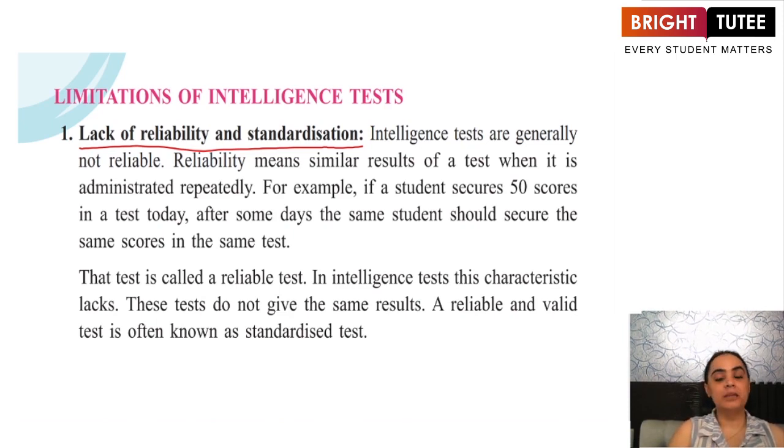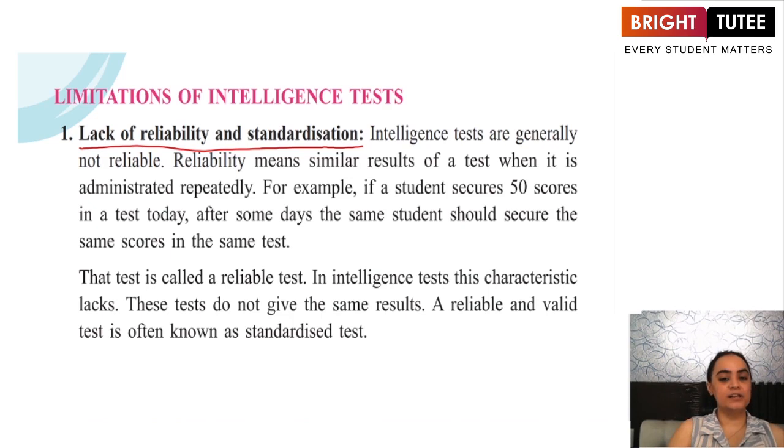That does not mean that is the level of intelligence which has been set for the child, and every time the child is exposed to the test, his or her score remains the same. No, it can improve, it can even become worse. So you cannot rely on getting the same result all the time. Therefore, the test cannot be reliable.